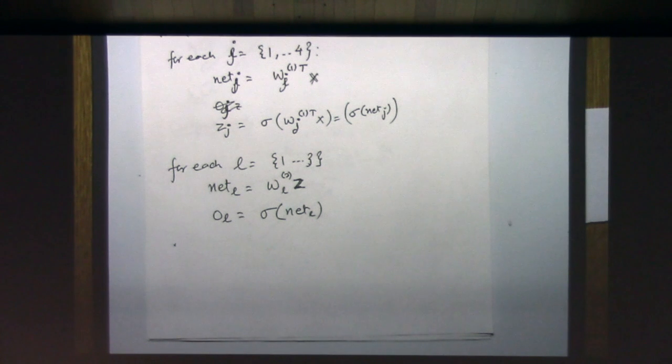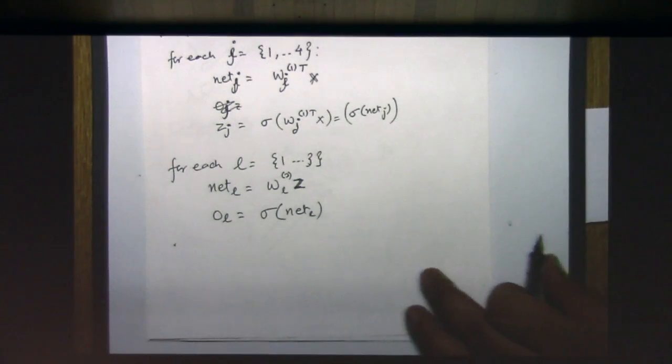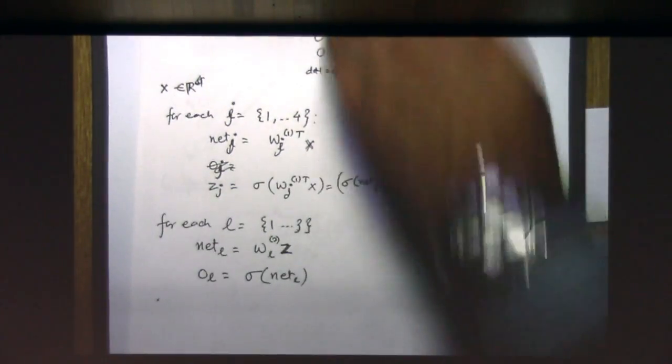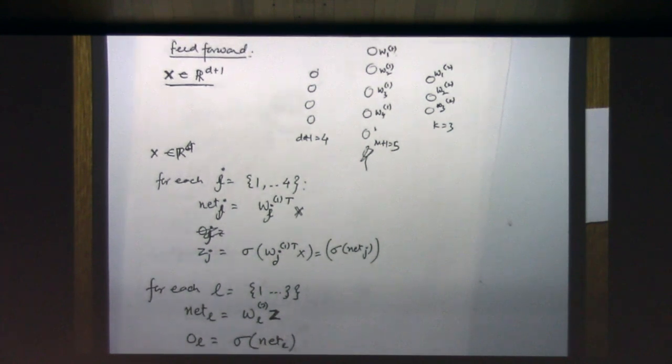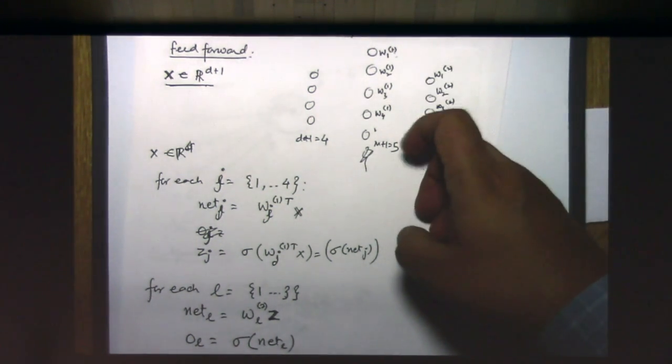Any questions so far? All that's happening right now is that you're taking your input signal and you're passing it all the way to your output layer. So in general, if you are adventurous, you can have many more hidden layers, right?